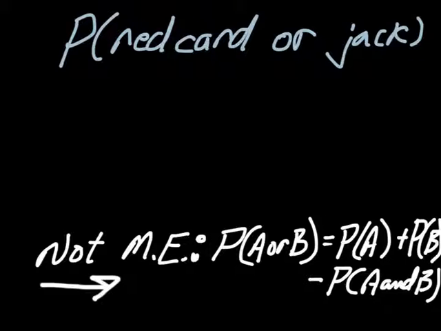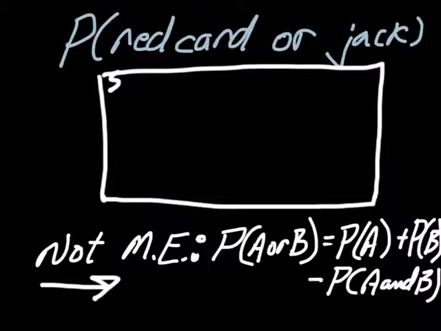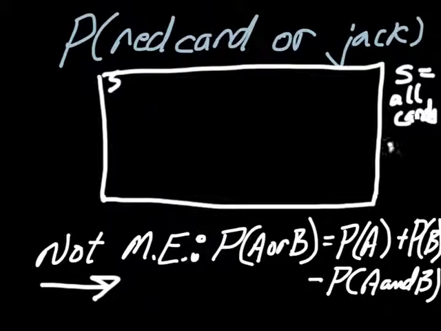And so here's how we're going to do it. We're going to draw a universal set, which is our sample space. In this case, the sample space is all cards in a deck. And what we know is that the number in the sample space is equal to 52.